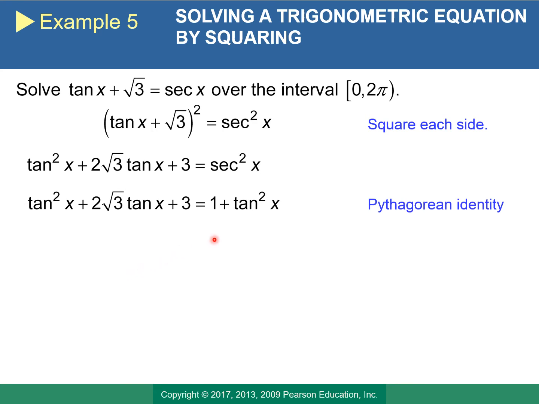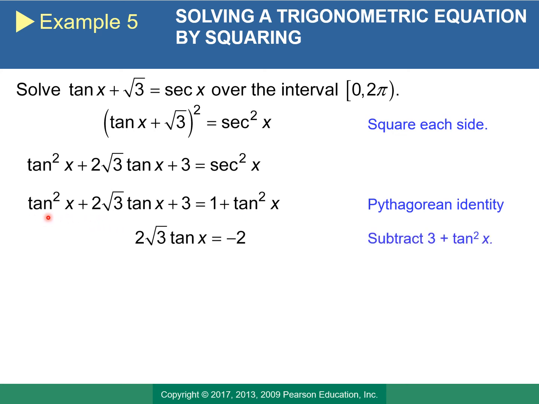All right, here's why we wanted to square both sides. Because tangent squared is related to secant squared by our Pythagorean identity. So we sort of had to think ahead, how is secant related to tangent? And this is how. By the Pythagorean identity, 1 plus tangent squared x is secant squared x. So we replace it so that our entire equation only contains tangent x.